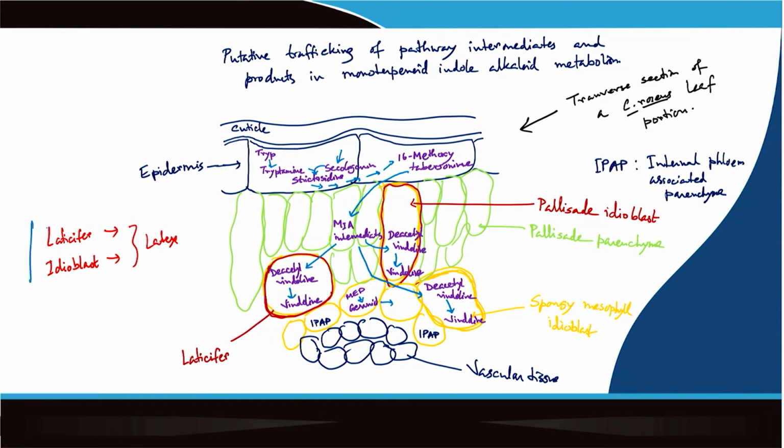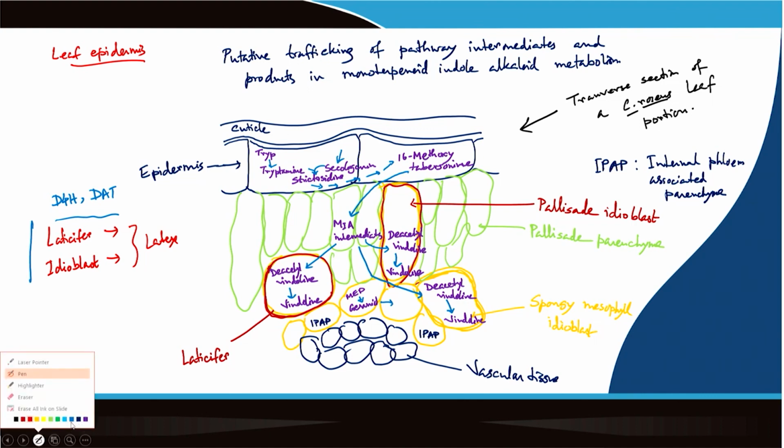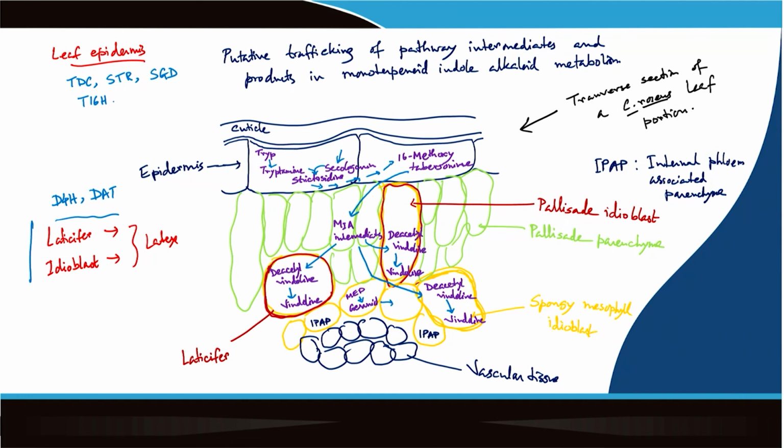So, here this portion D4H, DAT, these enzymes are localized, whereas in the leaf epidermis all other enzymes are localized, such as TDC, STR, SGD, T16H, OMT, not only even T3 oxidase, T3 reductase and NMT.